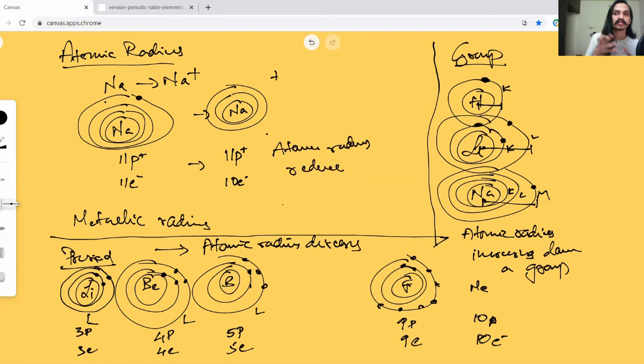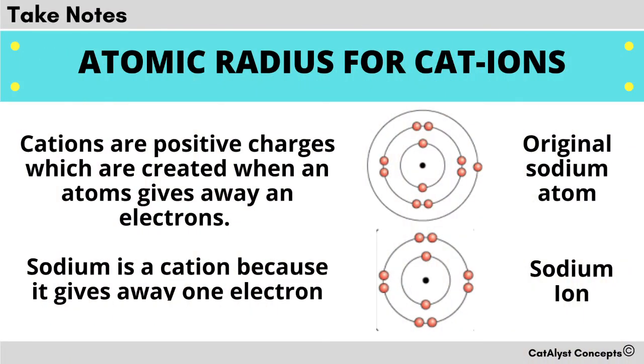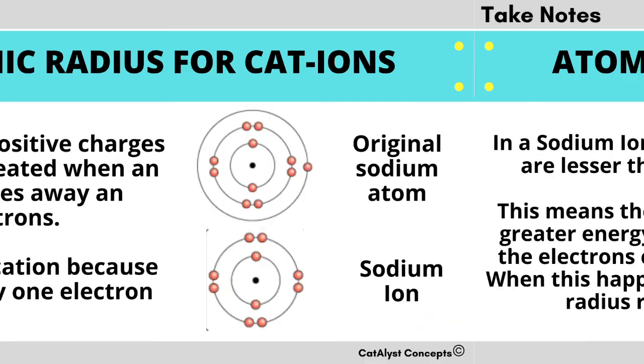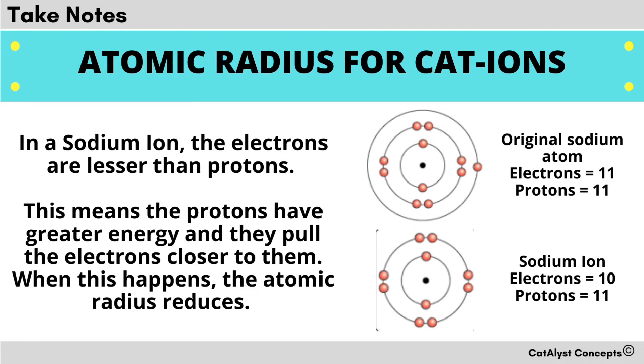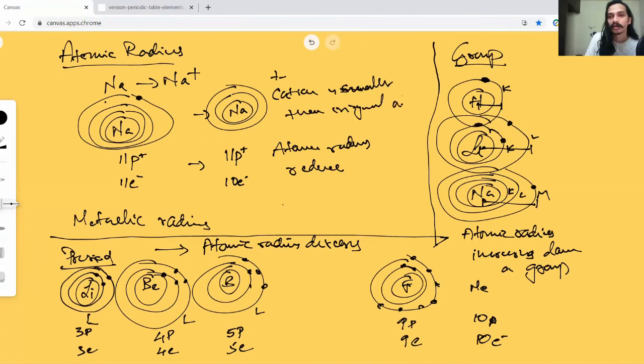So any positively charged ion or cation is smaller than its original atom. Cations are smaller than the original atom.